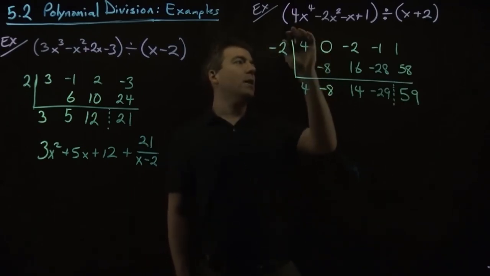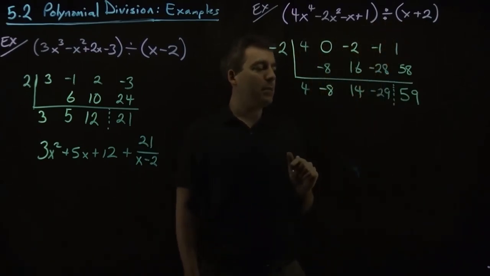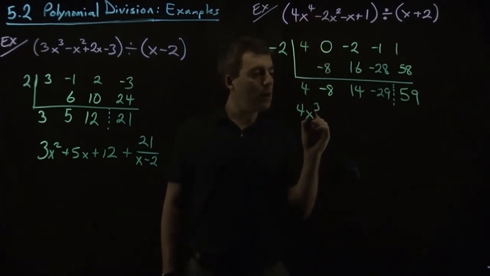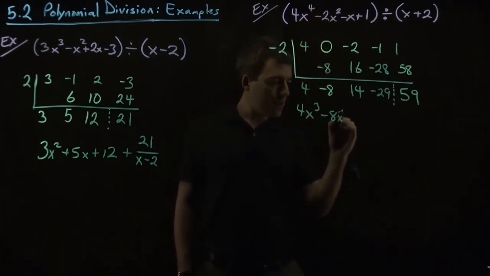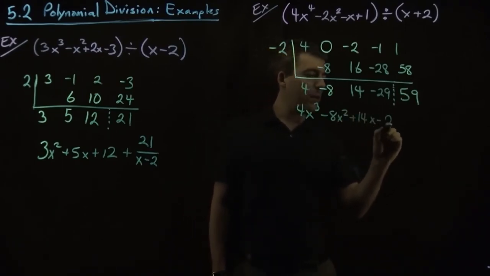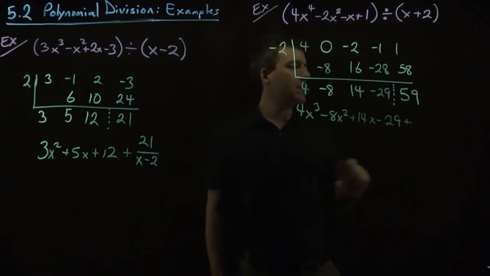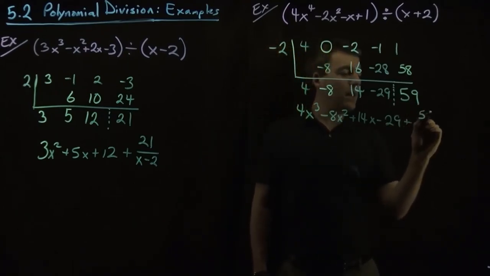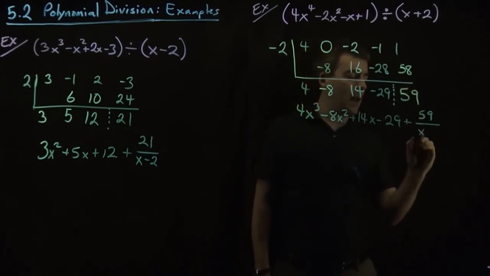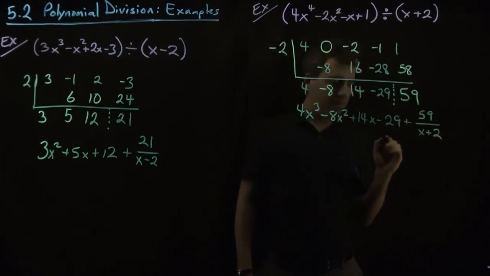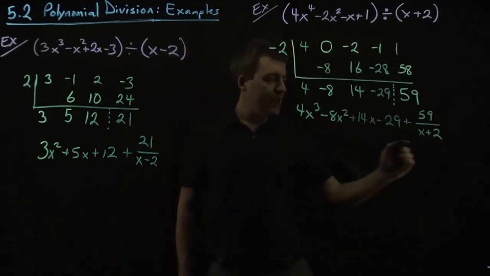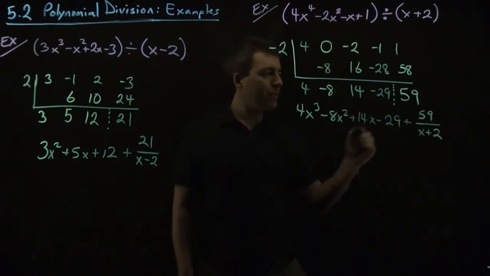All right, so this polynomial divided by x plus 2 is going to be 4x, 1 degree less, cubed, minus 8x squared, plus 14x, minus 29, plus 59 over divisor x plus 2. All right. This is the answer for this division.